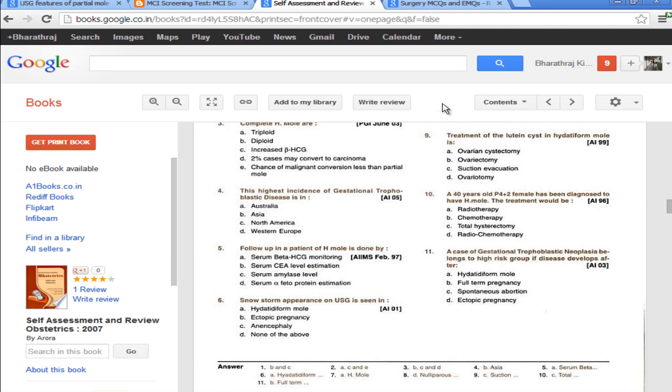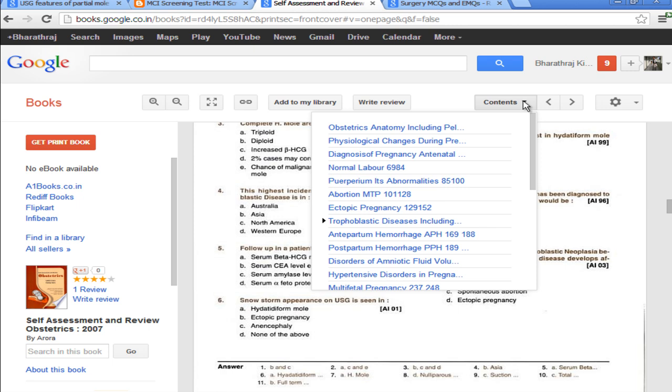You can purchase it directly from the store, or you can go here in Google Books and search for the book, and then you get this book here, Self-Assessment Review Obstetrics. It's an old version of Sakshi ma'am's book, but I think it'll do our job to learn the thing freely on the net.